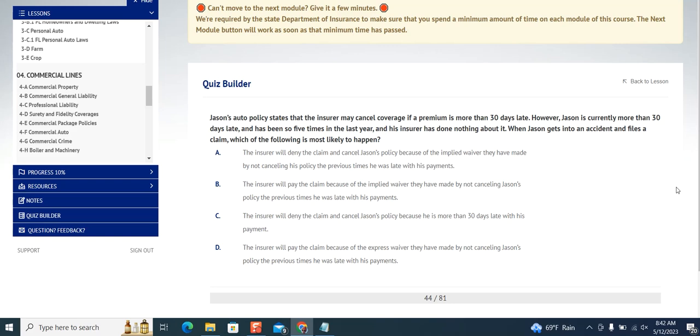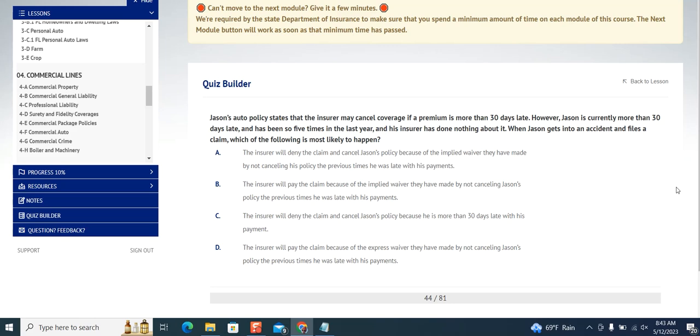The insurer would deny the claim and cancel Jason's policy. Now, they're not going to deny the claim because they collected money. The insurer will pay the claim because of the implied waiver they have made by not canceling Jason's policy. The insurer would deny. No, so it's not A. It's not C. So we got B or D. The insurer will pay the claim based on the express waiver they have made. Okay, so we got two funny words. We got implied waiver and express waiver.